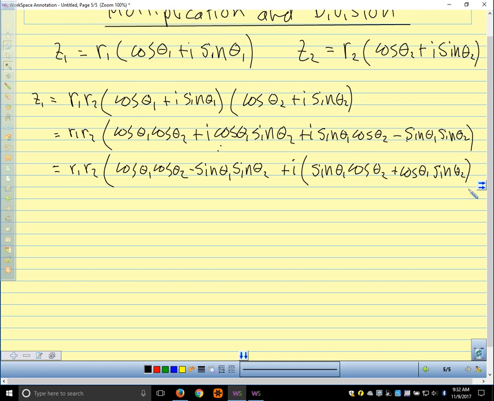We have sine u cosine b plus cosine u sine b. Those are our sum and difference formulas. This is R1 R2 times the cosine of theta 1 plus theta 2 plus i sine of theta 1 plus theta 2.